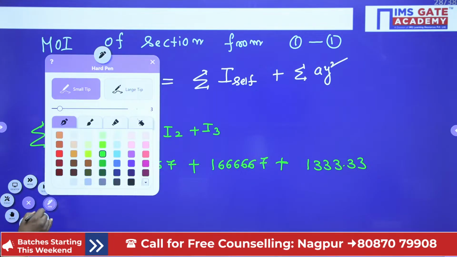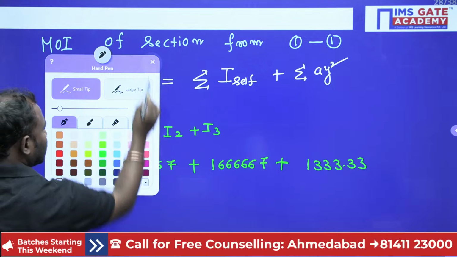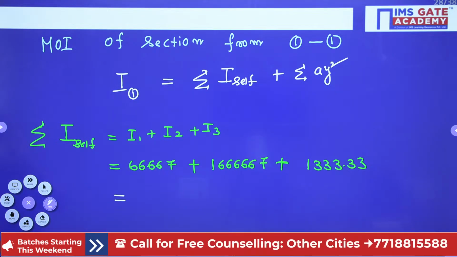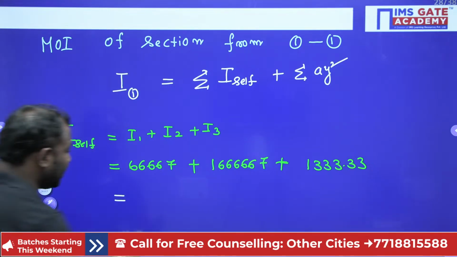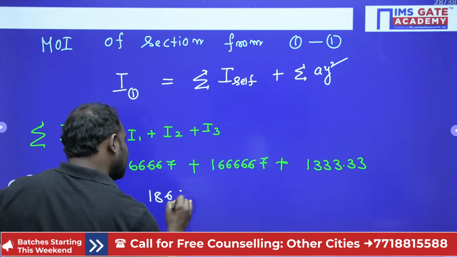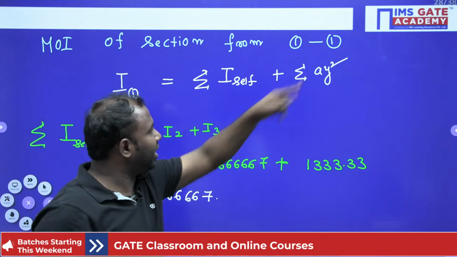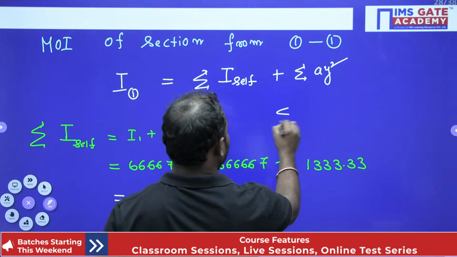Now, if I add all those, my sigma I self is equal to 1,866,667, I am going to get. So as we have calculated AY, what is sigma AY square?